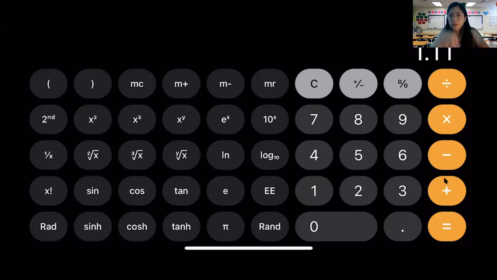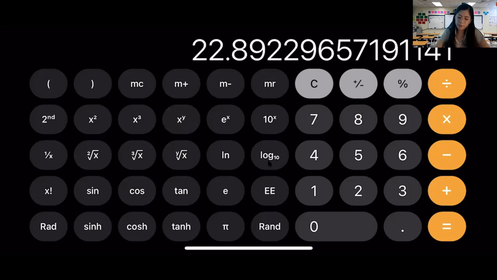So I'm just waiting for it to load. Okay, there's the XY button. Miss, why didn't we multiply 1,800 times 1.11 first? Can anybody remind me what PEMDAS tells me to do first? Parentheses. And then after that? Exponent. That's why.